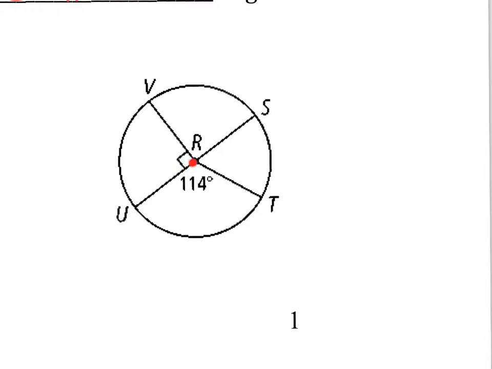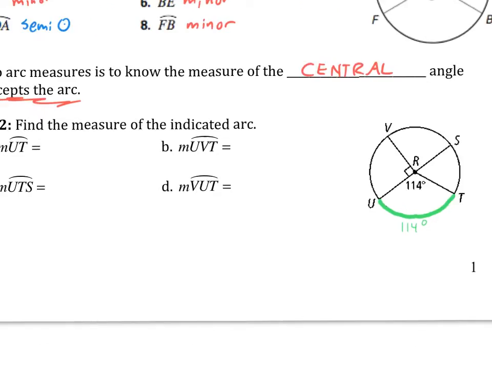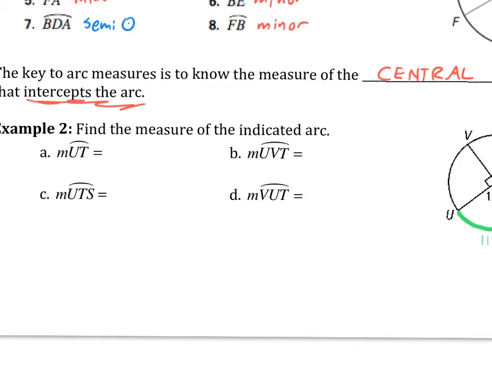The central angle here of angle URT is 114. Thus, this arc right here, the measure of arc UT, is also 114. So whatever the central angle is, that's the arc that's being intercepted. That's its same measure. So in this case, this is how we would write it. The measure of arc UT is 114 degrees.